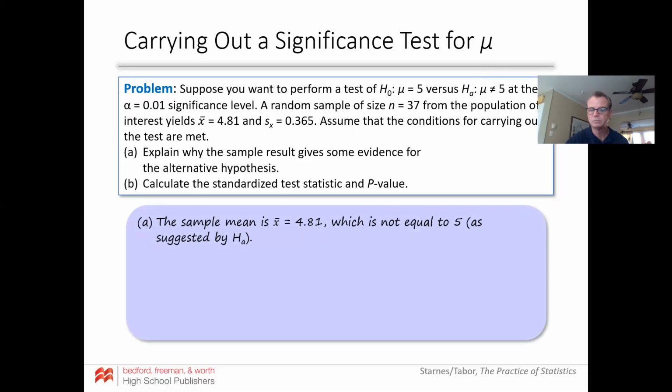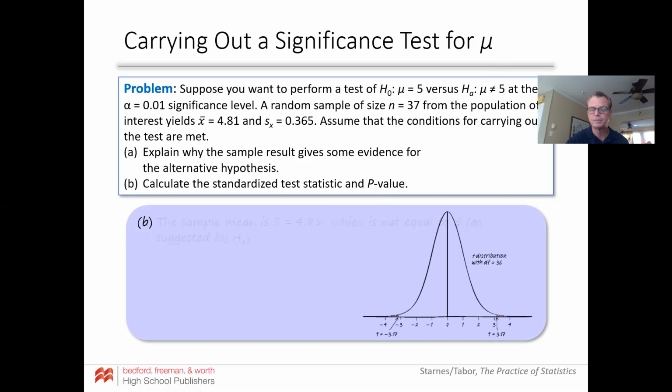So, what did we get? This is not something you would do on the test. We got 4.81, which is not 5. So it's less than 5. But is it less enough that we consider it significant? So here's your t-score.